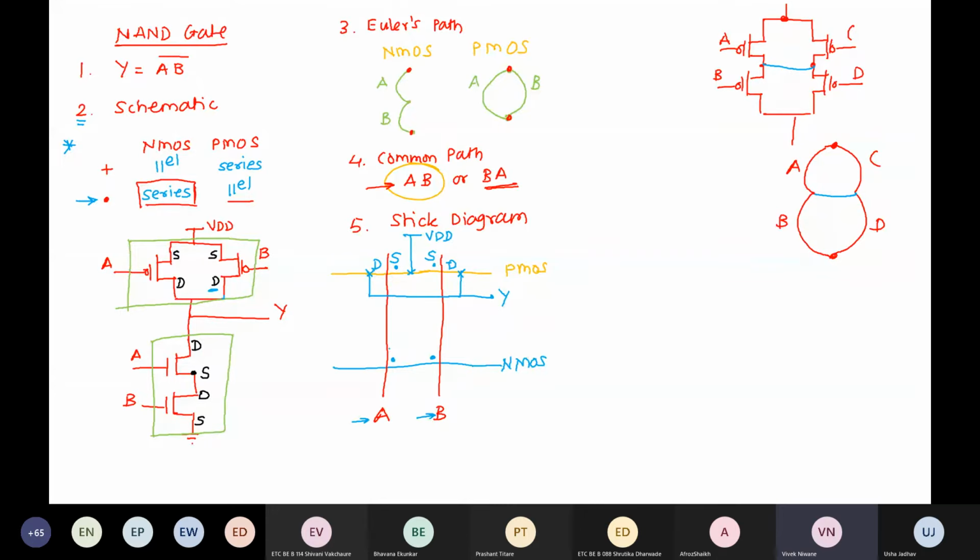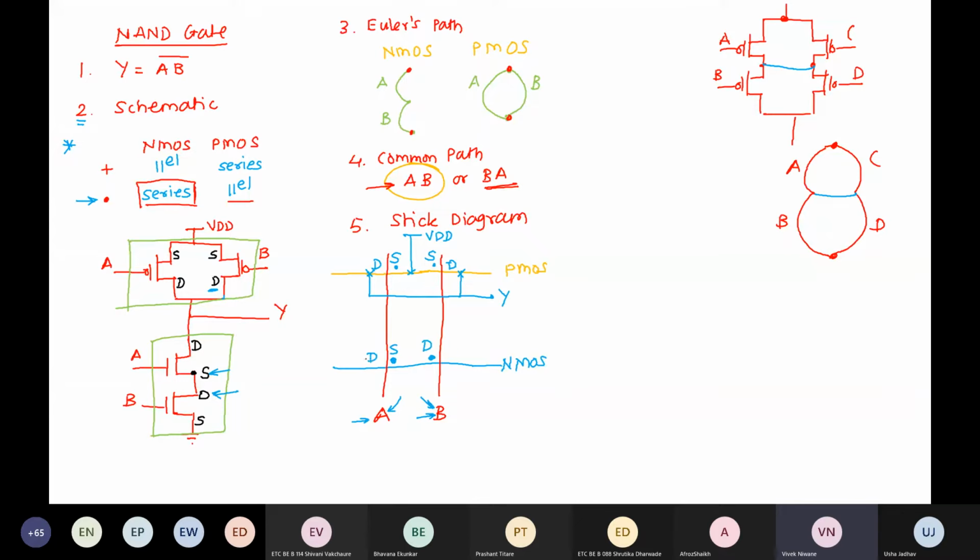Look here, this terminal and this terminal are shorted. Now which two terminals of both NMOSes are connected together? Source terminal of A NMOS and drain terminal of B NMOS are connected together.